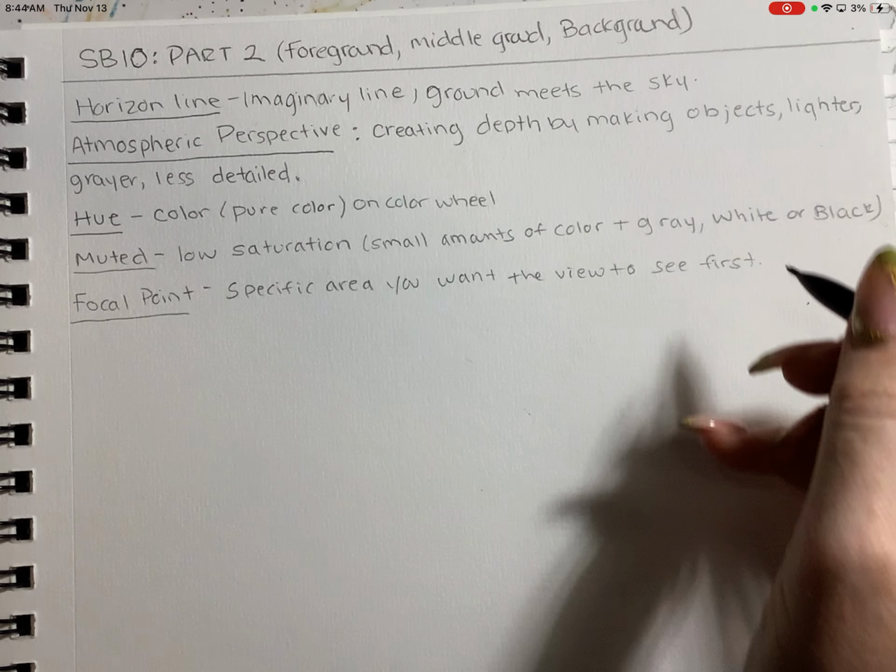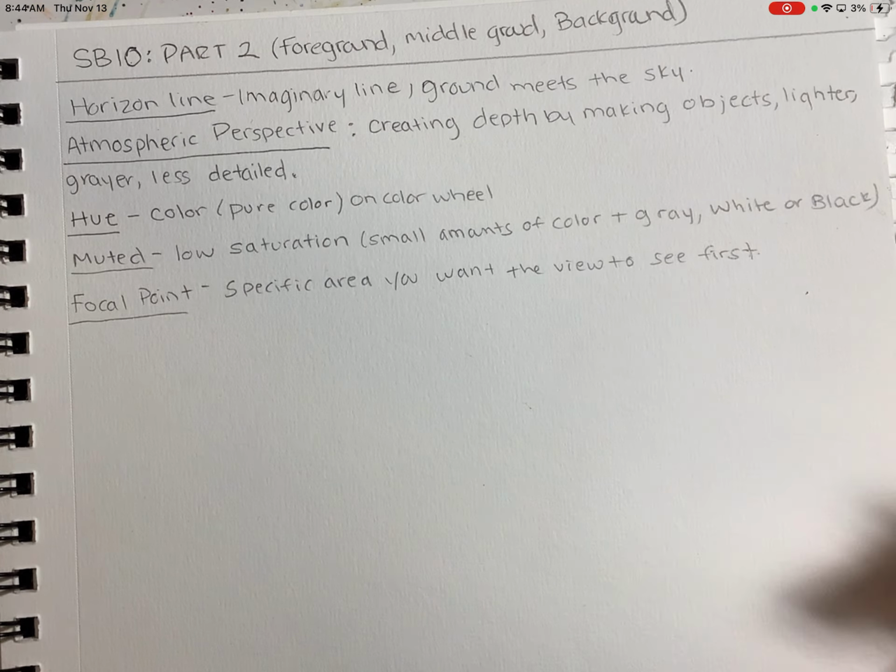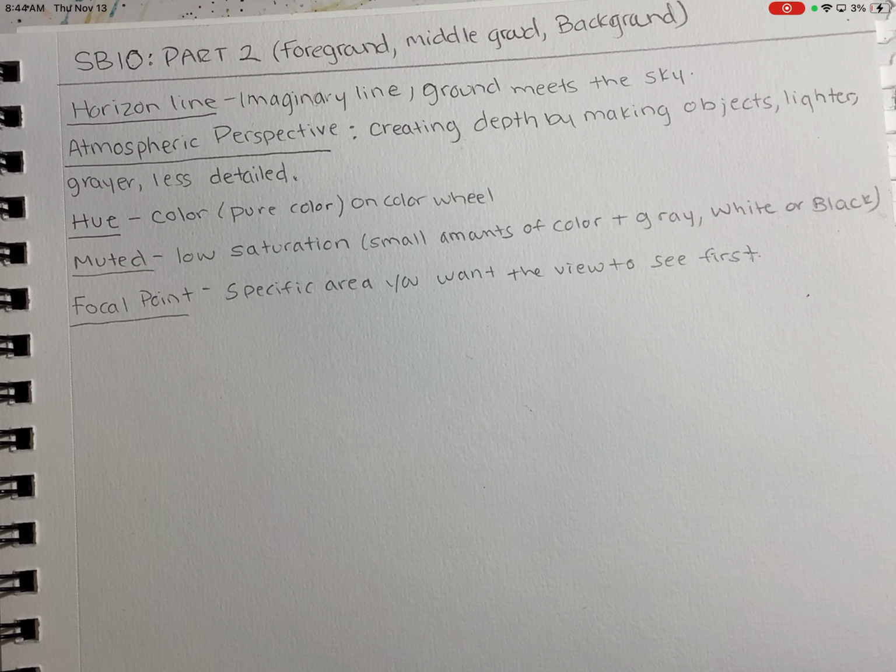If I'm doing a drawing of a house, but there's something going on at the house, I want my focal point to be whatever the action is in the drawing. If I make the background too intense, it's going to distract from what I want the actual focal point to be.